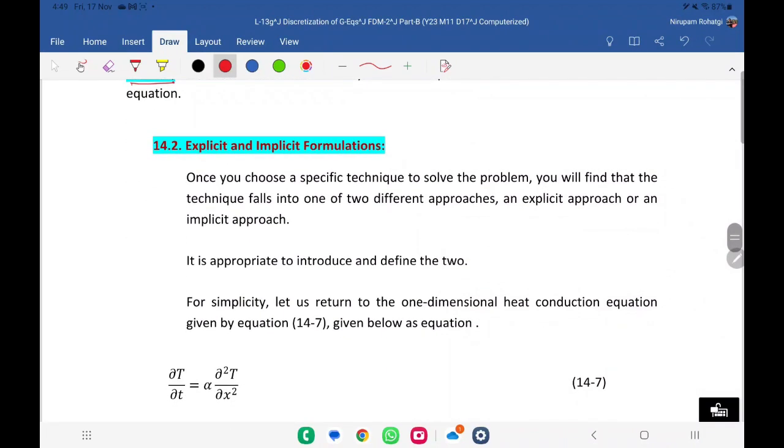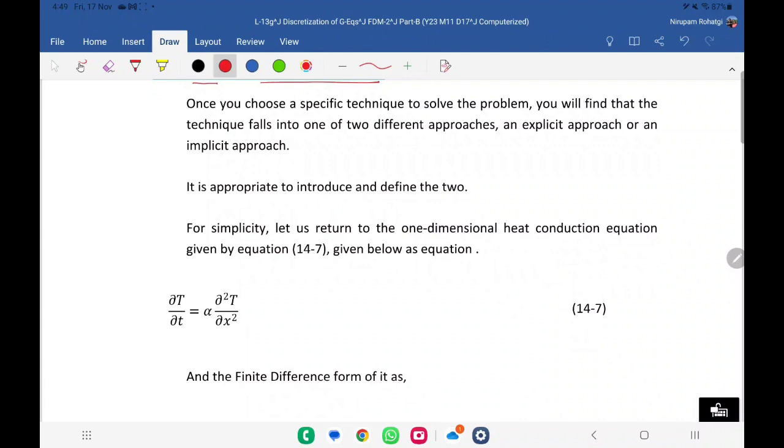Now we talk about explicit formulation and implicit formulation. Okay. It's simple. Only thing we should know is what explicit and implicit mean. We will see from the example itself.